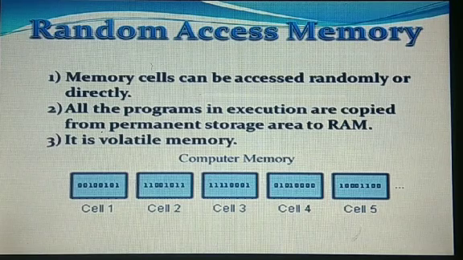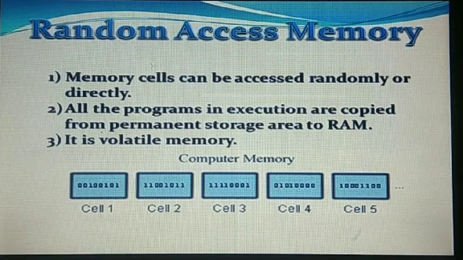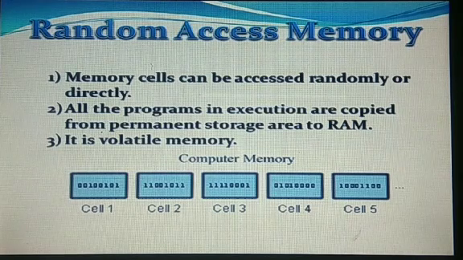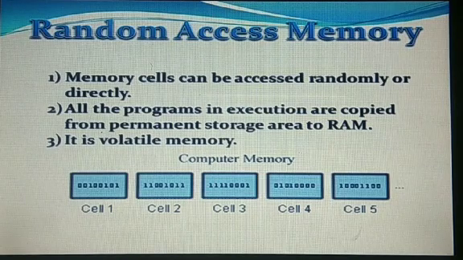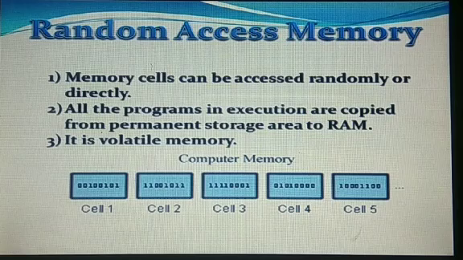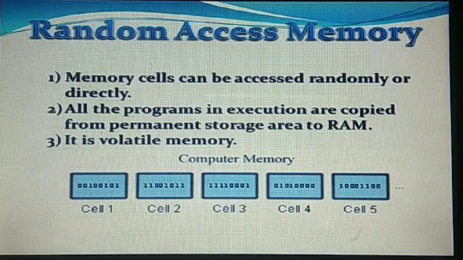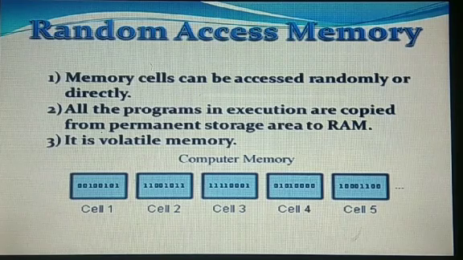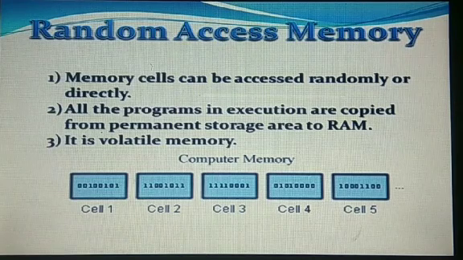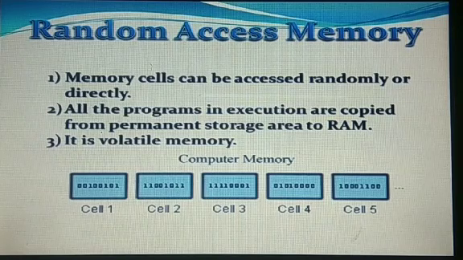With random access memory, the control will go directly to location 2000 and access the data from there. It will not move sequentially. That means it will not first visit the 0th cell, then the first cell, and so on till it reaches 2000. No, it will not work like that. It will directly reach the 2000th location and access the content from there.